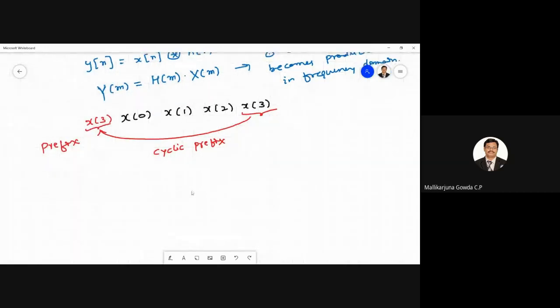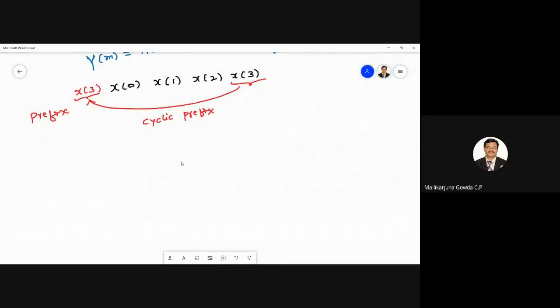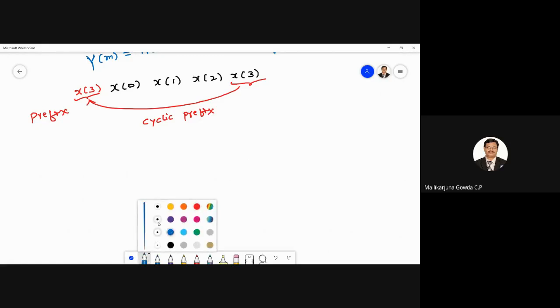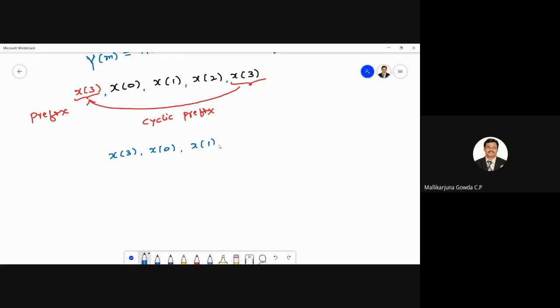After adding this prefix, let me write: x of 3, then x of 0, then x of 1, then x of 2, then x of 3.